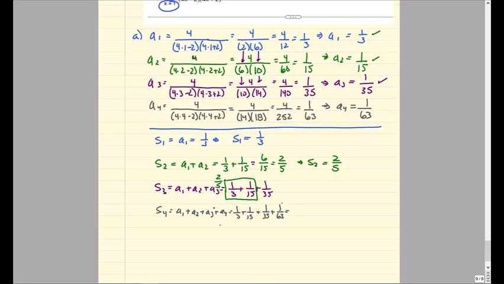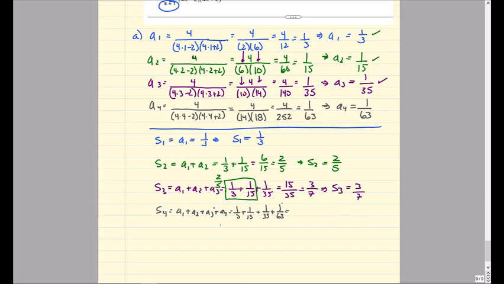So sometimes it's easier to take 2/5 plus 1/35 than adding the 3 fractions. So a common denominator here would be 35. Multiply top and bottom by 7 here. 7 times 2 is 14 plus 1 is 15 over 35. Both of these are divisible by 5, so I'd end up with 3 over 7. So S sub 3 equals 3 over 7.